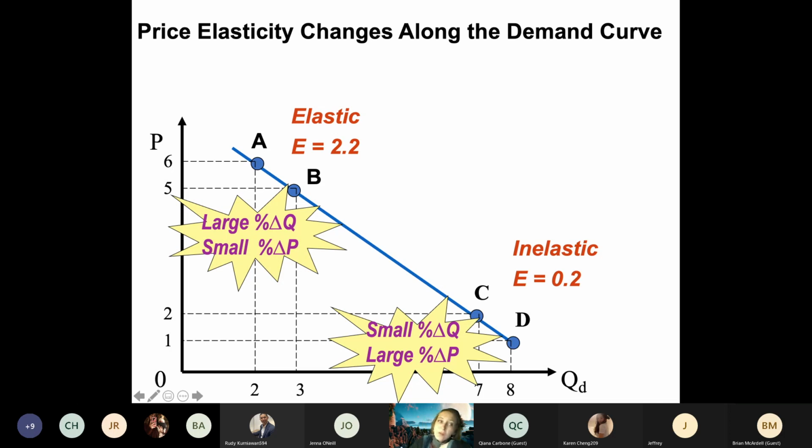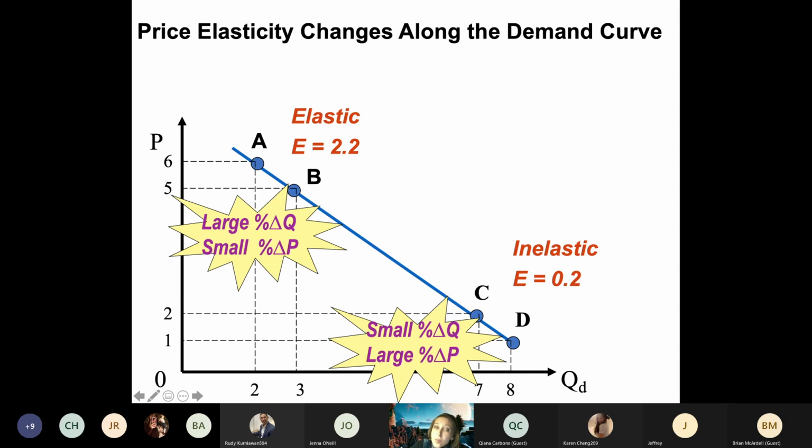When we move to a larger price range, so again a $1 change between $5 and $6, it is a rather small percentage-wise change. It's $1 divided by 5, so that's a 20% change in price. It's not a 100% change in price anymore, and with a midpoint formula, it will be even less than 20%.